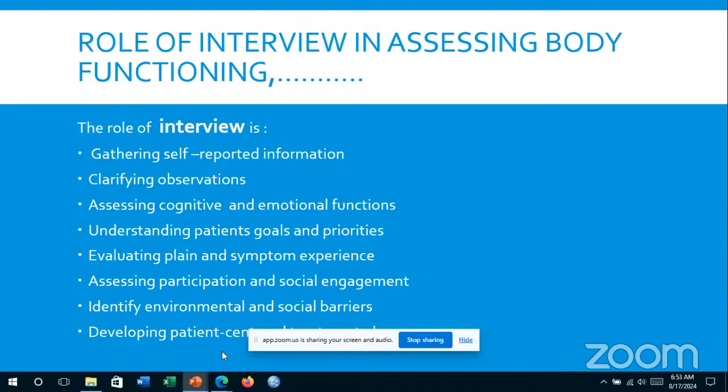What does the interview do for us? It helps us gather information. It helps us to clarify observation. Of course, it helps us to assess the state of cognition and the emotional functions of the patient. We need to be able to understand patient goals and priorities. It is through the interview that we get that. We need to be familiar with the level of restrictions in participation and social engagement by the patient.